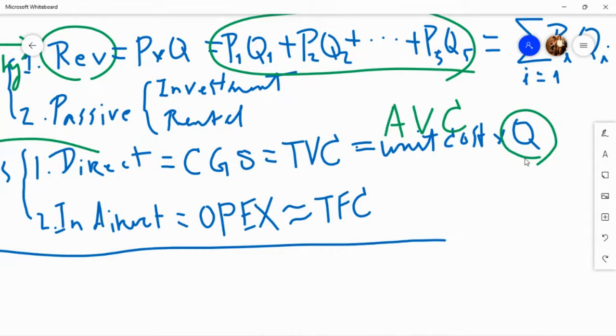And as the quantity goes down, the total will go down. Therefore, it all depends on the quantity produced. It's a function of quantity, you can also say.